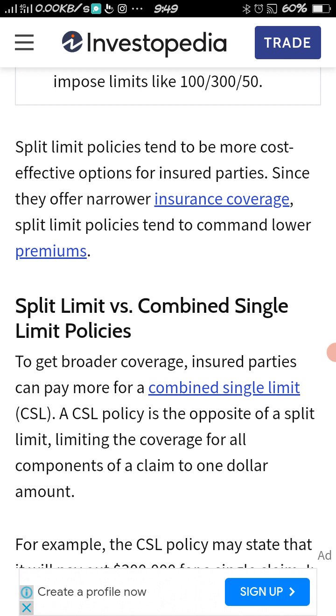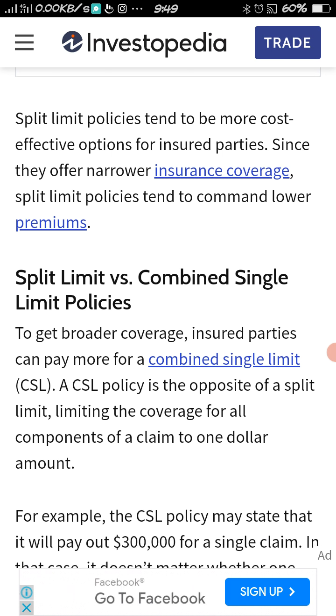Split limit versus combined single limit policies. To get broader coverage, insured parties can pay more for a combined single limit. A combined single limit policy is the opposite of a split limit, limiting the coverage for all components of a claim to one amount.